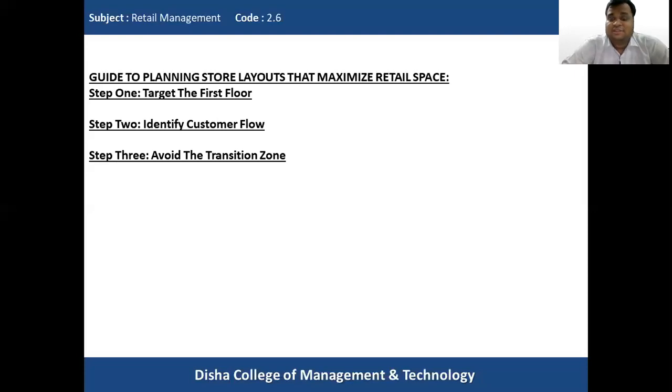So this is the place where the customer does not pay attention to all the merchandise that has been displayed, but actually tries to absorb the total environment or the feel of the store.